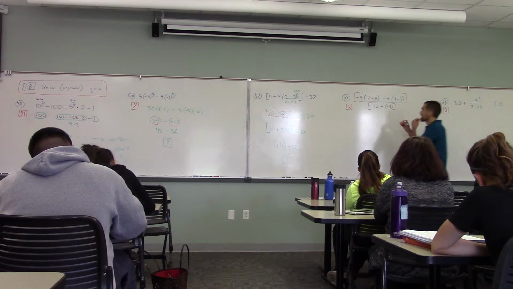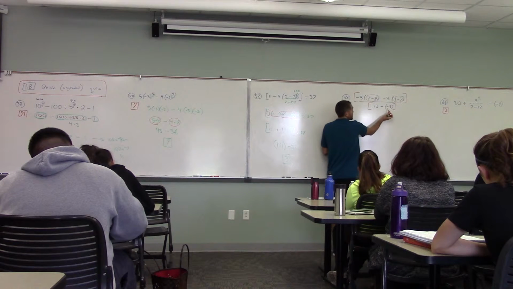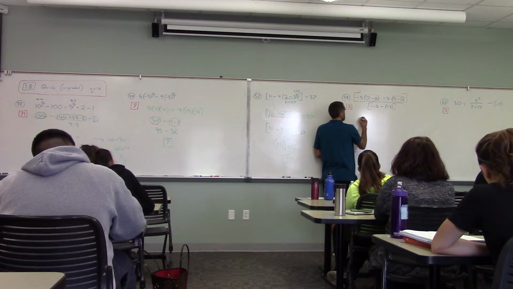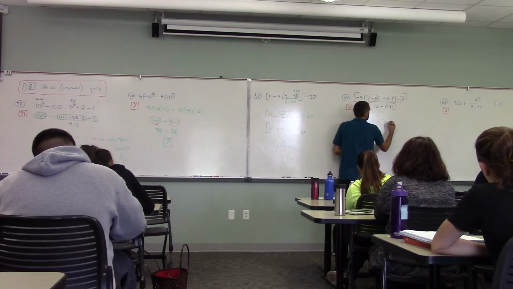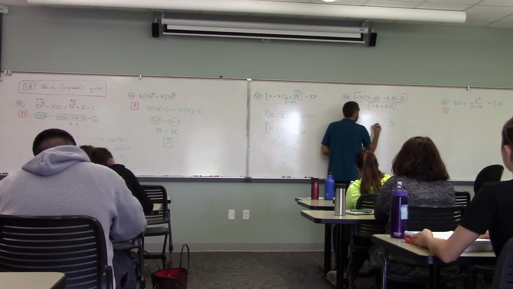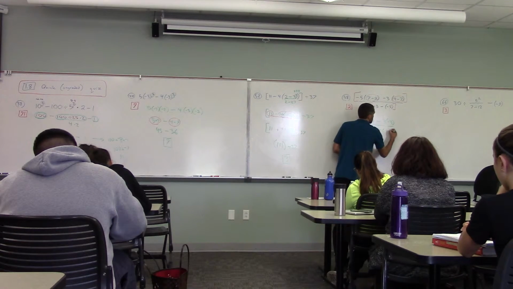So let's work on the top. First we could simplify this parentheses, but there's no simplifying the other parentheses. So negative 5 times 5 minus 3 times negative 3 over negative 13 minus negative 5.